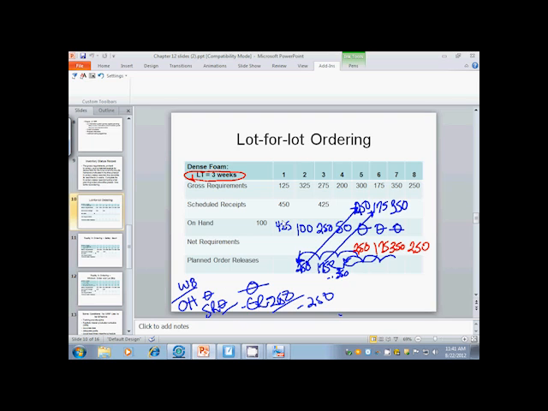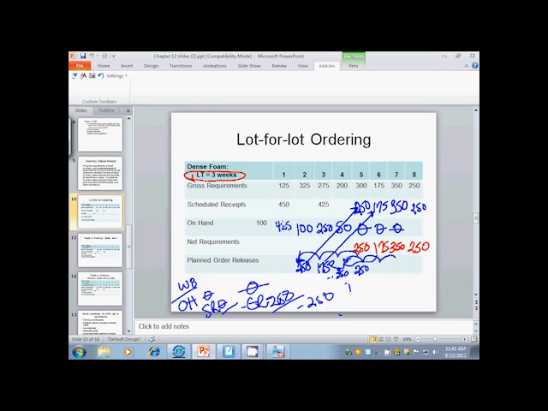If I need 250 units for week 8, when do I need to get those units? 3 weeks before. 1, 2, 3, which would be week 5. That means I plan on placing an order for 250. If I place an order, I should get them 3 weeks later, which would be week 8.